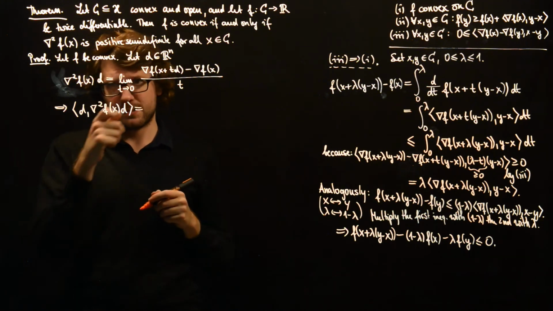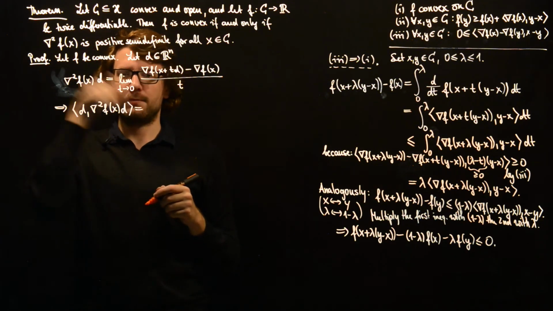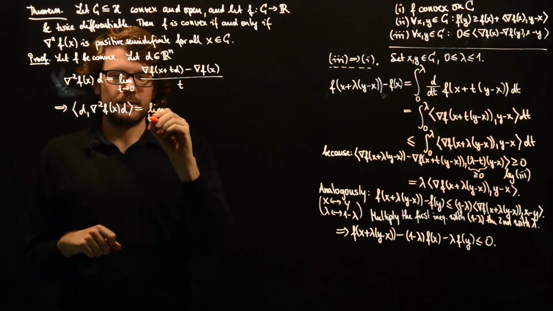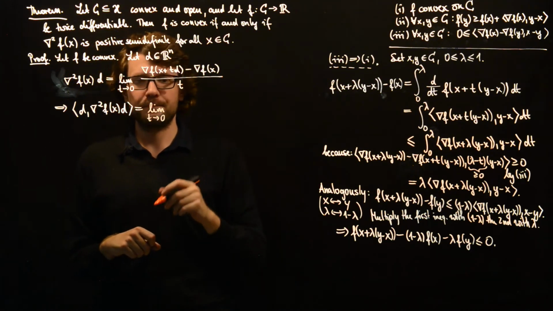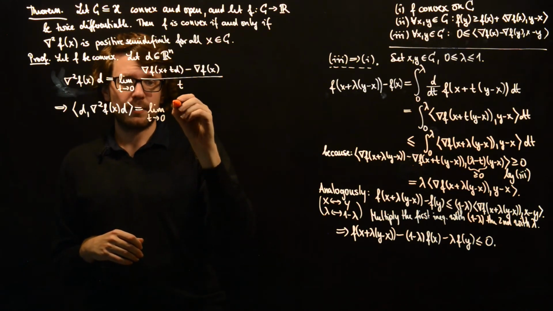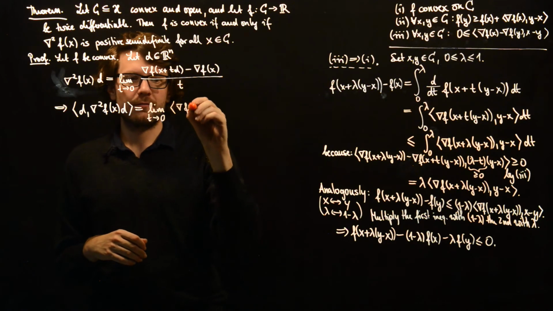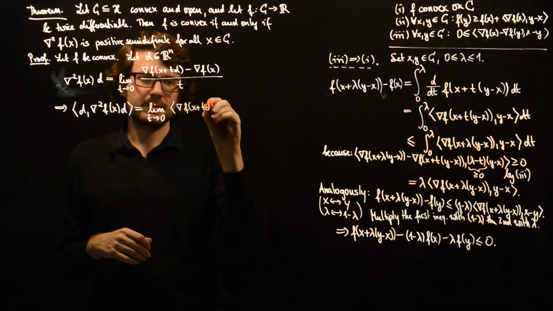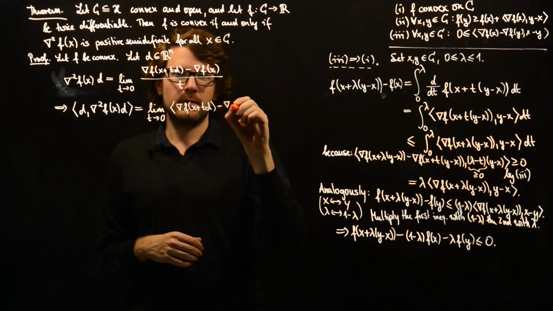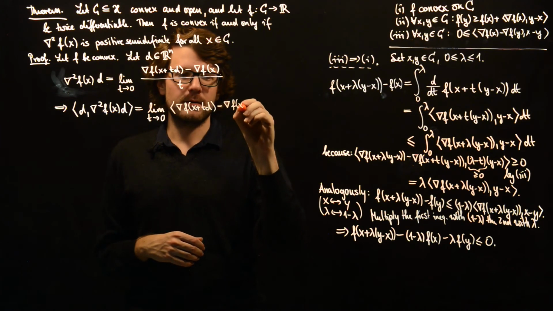The inner product is a continuous mapping so that we can pull out the limit. So we can write limit t to 0. And we can write gradient f of x plus td minus gradient f of x.